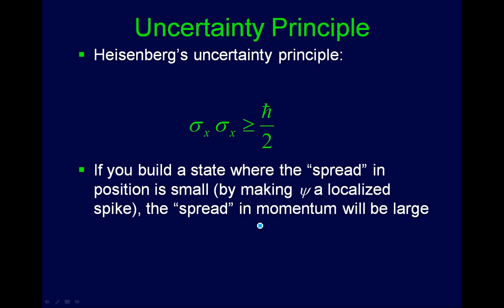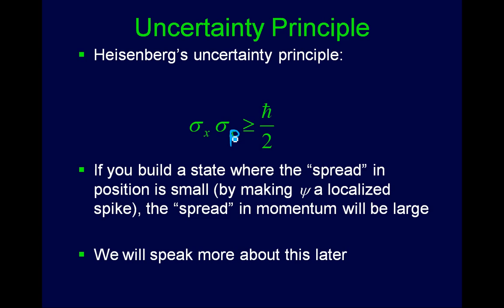And so if you build a state where the spread in position is small, by making your psi, your wave function, a localized spike, the spread in momentum will be large. And look over here, this should be P for momentum, a little typo here. We'll speak a lot about this as we go through the semester. This is an important finding in quantum mechanics, and something we'll come back to.